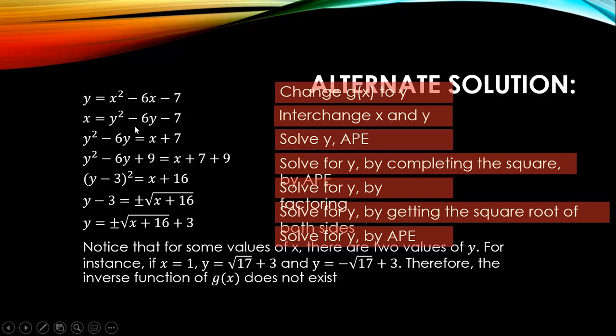And then, ihiwalay natin si y. So, lipat natin sa parehas na side, lahat ng y. And then, lahat ng walang y or lahat ng hindi y ay nilipat din natin sa kabila. So, ang mangyayari, kakaroon tayo dito sa side na to ng y squared minus 6y is equal to x plus 7.